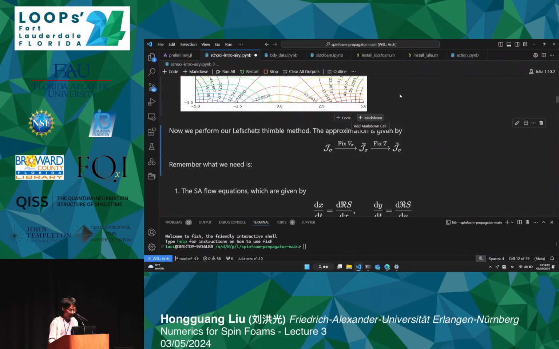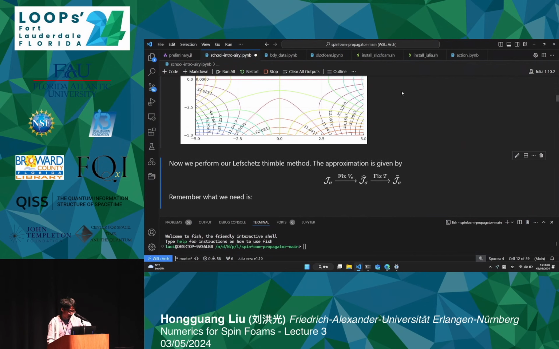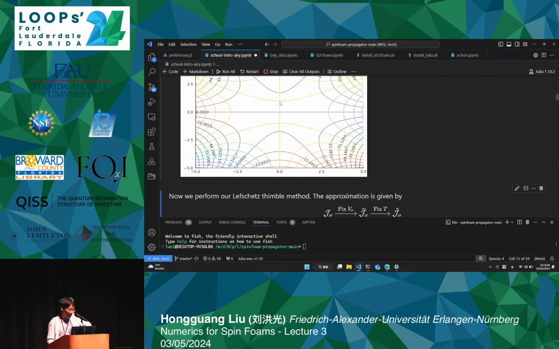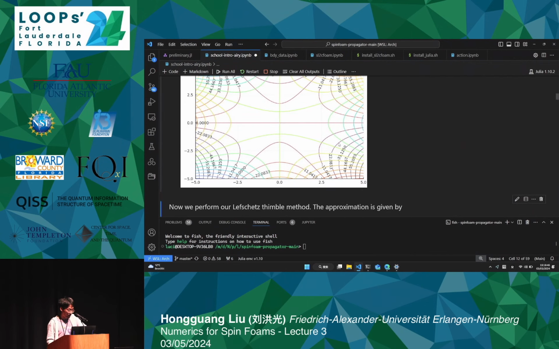1D is trivial somehow. Now we perform our Lefschetz thimble method in this 1D example. If you remember, the thimble is generated by the flow equation. The critical point does not flow because it's a saddle point. It's a stationary point of the flow equation. So we need something around the critical point to flow.